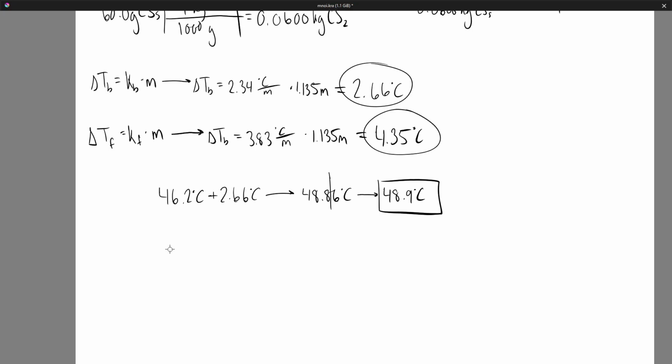Now for the freezing point, it's negative 111.5 degrees Celsius. So to this, like I said, we subtract what we found here, the 4.35 degrees Celsius. That should give us negative 115.85.